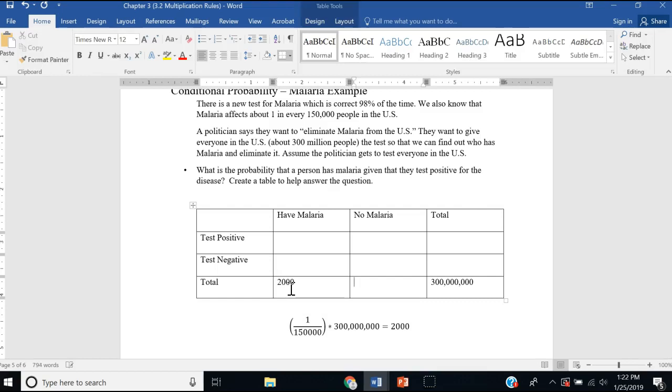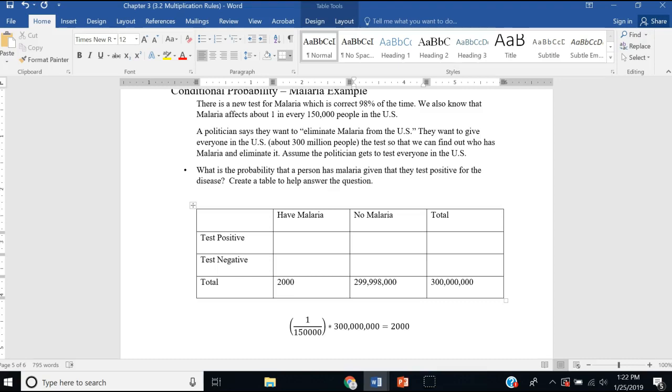Now that is not a big number out of 300 million. You take 2,000 out of 300 million, and that means 299,998,000 people will not have malaria.